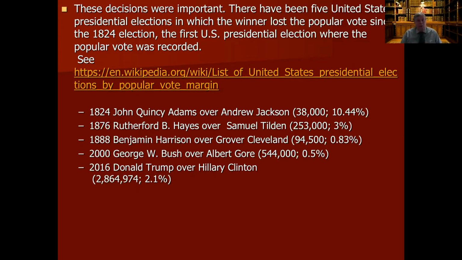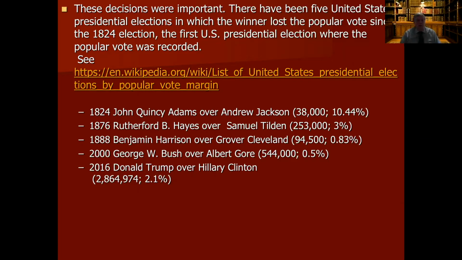And then more recently for me, probably not for many of you, in 2000, George W. Bush won the electoral vote over Al Gore. Al Gore won the popular vote by 544,000 votes, which was 0.5%. And then finally, the latest time that this has happened was in 2016. We're all very familiar with this.